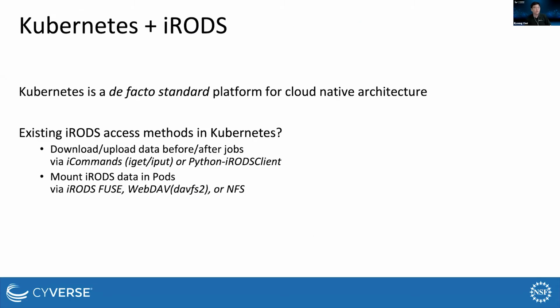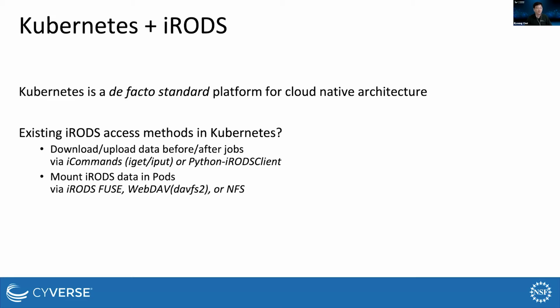As you all know, Kubernetes is a computing system for automating deployment, scaling, and management of containerized applications. It is a de facto standard platform for cloud-native architecture. In Kubernetes, we have 2 existing iRODS access methods available.